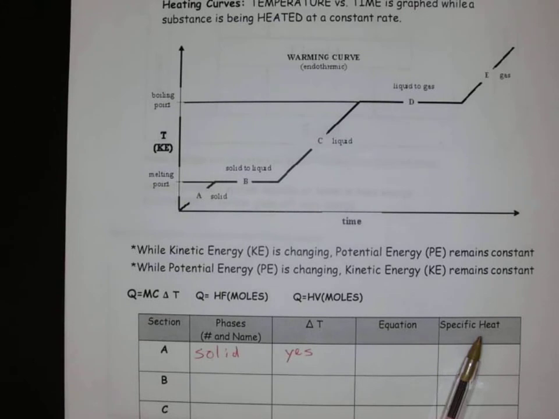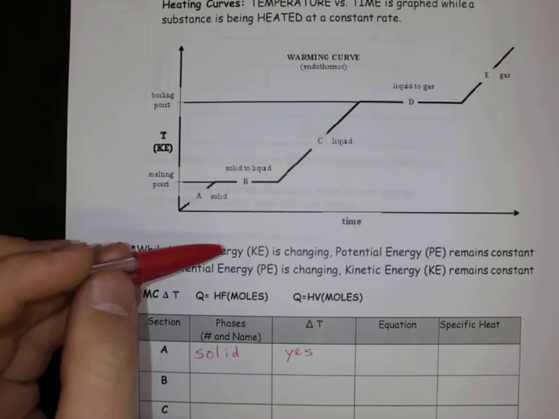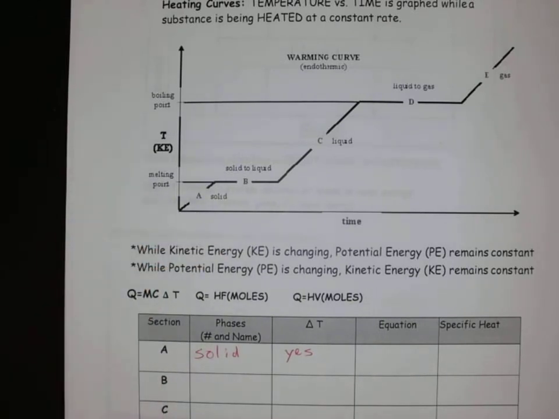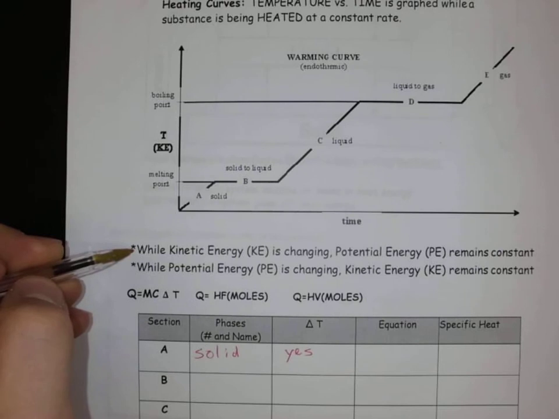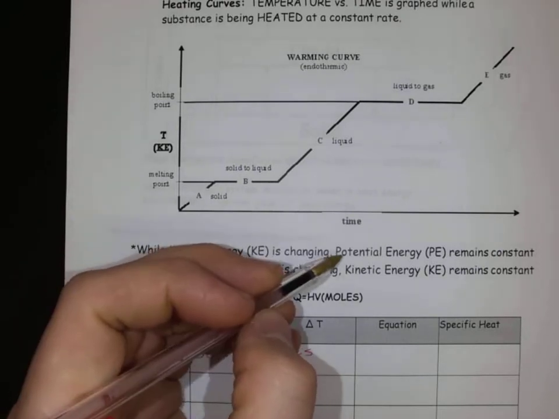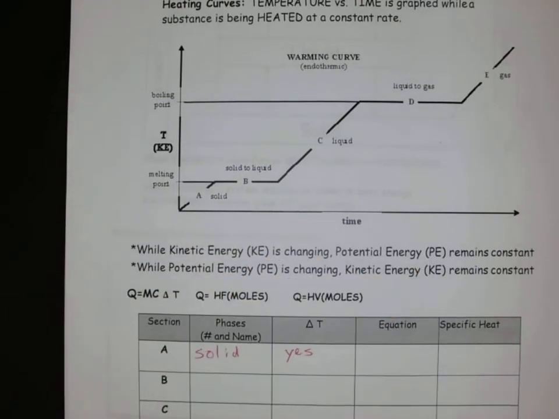If we're vibrating them faster, we are changing the average kinetic energy, so that means we're changing the temperature. But the potential energy does not change. While the kinetic energy is changing, the potential energy remains constant. It is still a solid. We still have those intermolecular forces that are holding them together, okay?